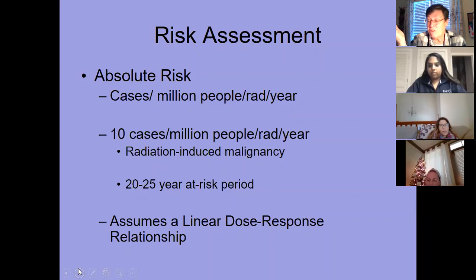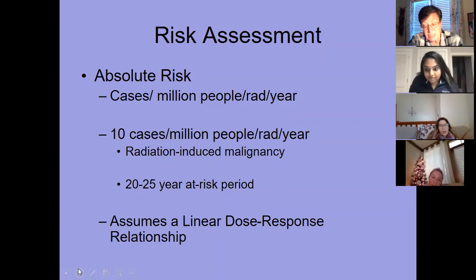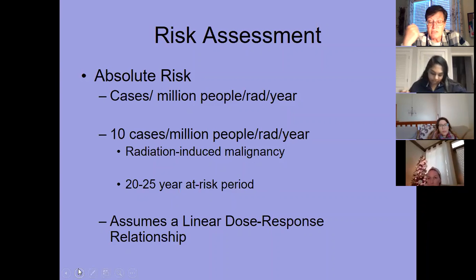So 42 people out of 100 are going to get cancer anyway from whatever reasons, either, like I said, genetic, environmental, lifestyle, and an exposure of 100 millisieverts or 0.1 sievert would increase cancer induction by 1 person. If the dose were decreased to 0.01 sievert or 10 millisievert, you would expect to see 1 additional case of cancer per 1,000 people.